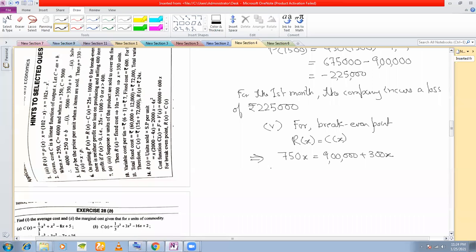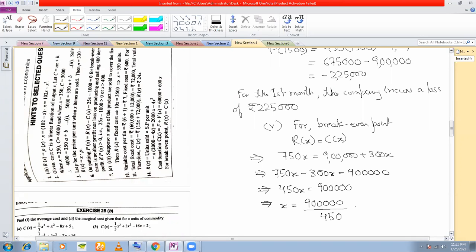Now we just need to solve for x. That means 750x minus 300x is equal to 9 lakh. That means 450x is equal to 9 lakh. That means x must be equal to 9 lakh divided by 450.